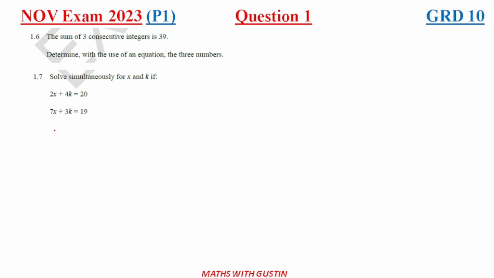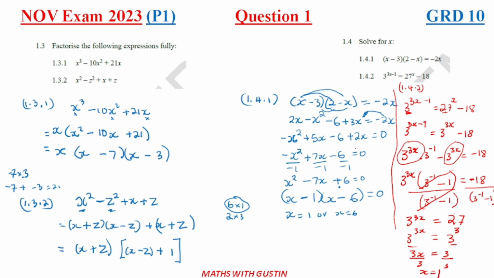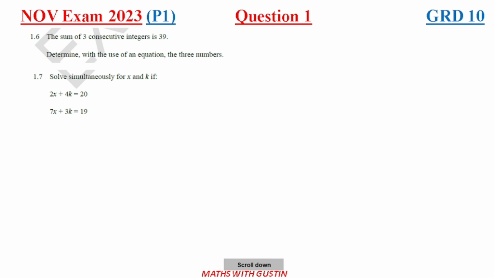I think I really skipped 1.5 here, guys. I don't see 1.5 here, but it's okay, it's fine. Just one of those mistakes while I was preparing for this lesson. Please let me know what you guys think. What is the equation, or what is the answer for 1.5? If you don't get it, I will make a video just to explain that particular question, but for now let's go to 1.6.